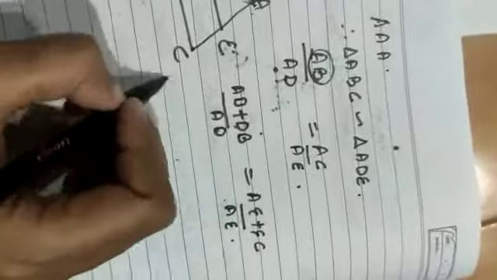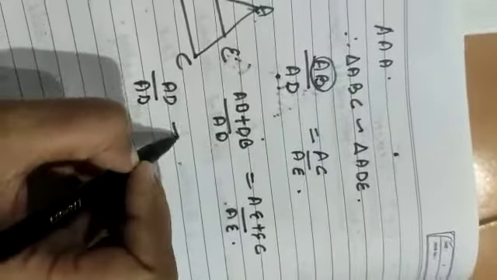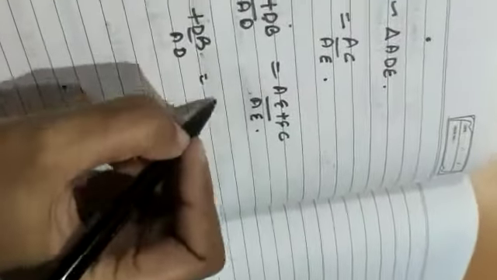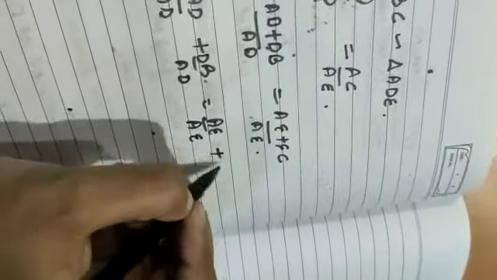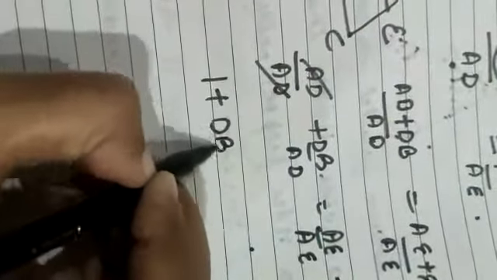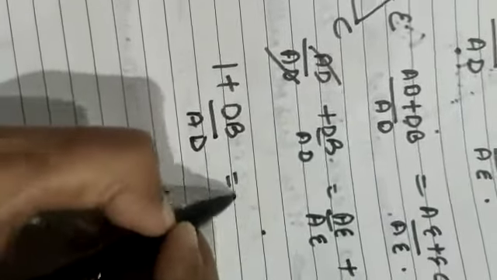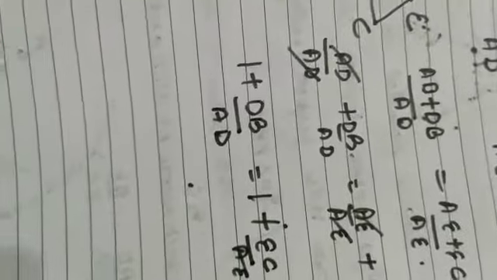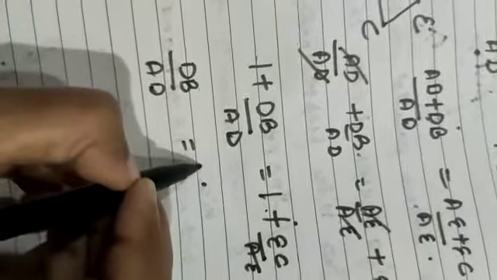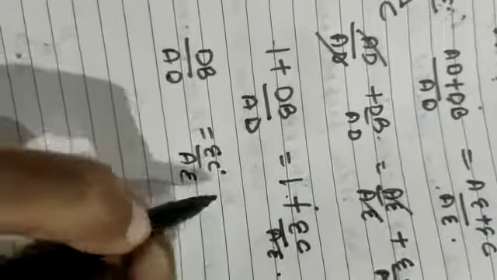So AD upon AD plus DB upon AD is equal to AE upon AE plus EC upon AE, right? Now look, AD cancels: 1 plus DB upon AD is equal to 1 plus EC upon AE. Now 1 and 1 cancel, so DB upon AD is equal to EC upon AE.